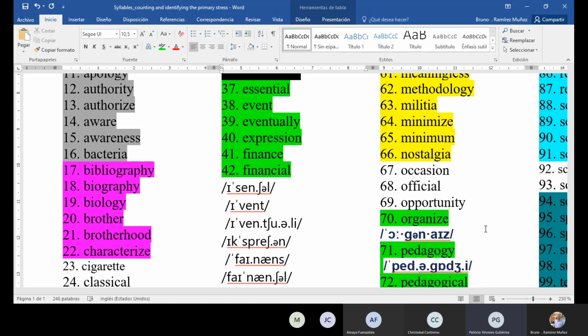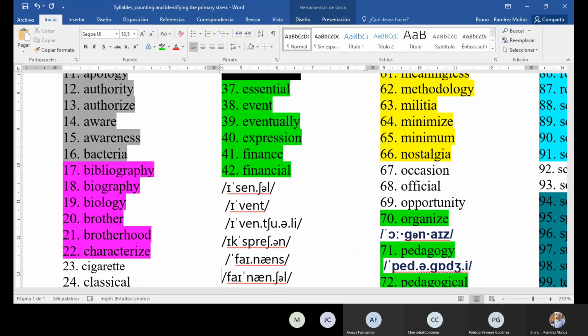Expression has 3 syllables, and the stress is placed in the second one. Finance has 2 syllables, and the prominence is in the first one.